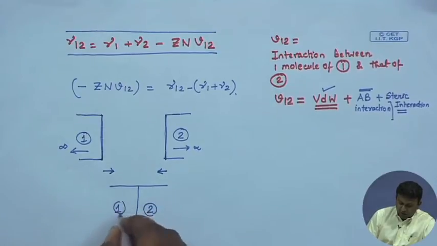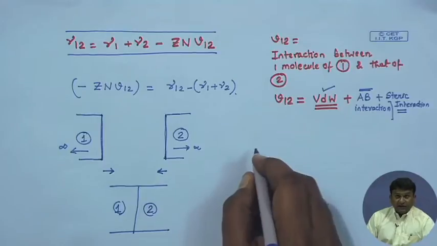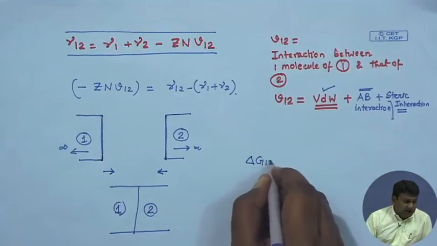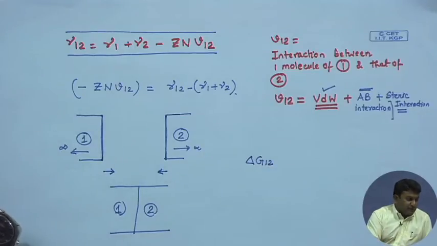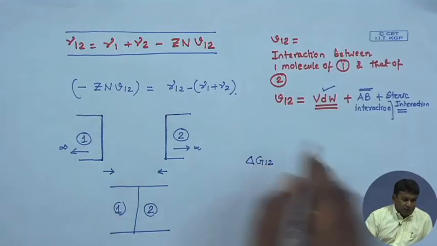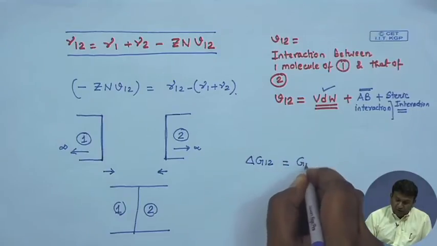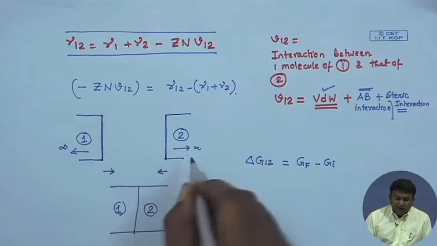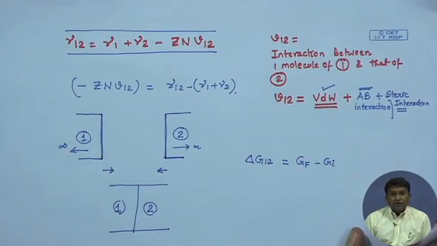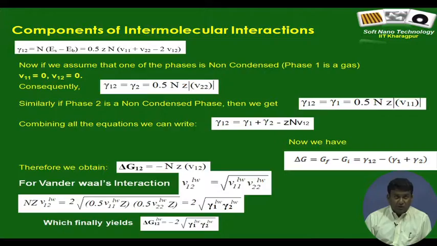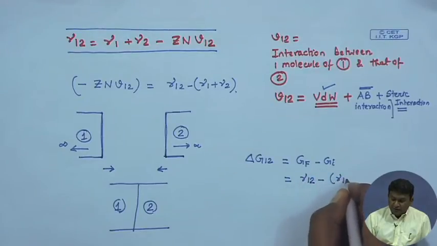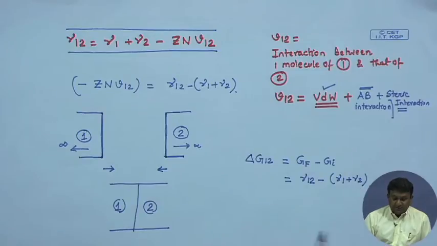Now, if we look into the change in the energy between the final state and initial state, we look into the free energy at the final and the initial. The internal energy of each of the objects remains the same; these are non-reacting systems, there is no change in size. So, all that changes is that finally these two objects are in contact, and initially the total energy at the surface was this.